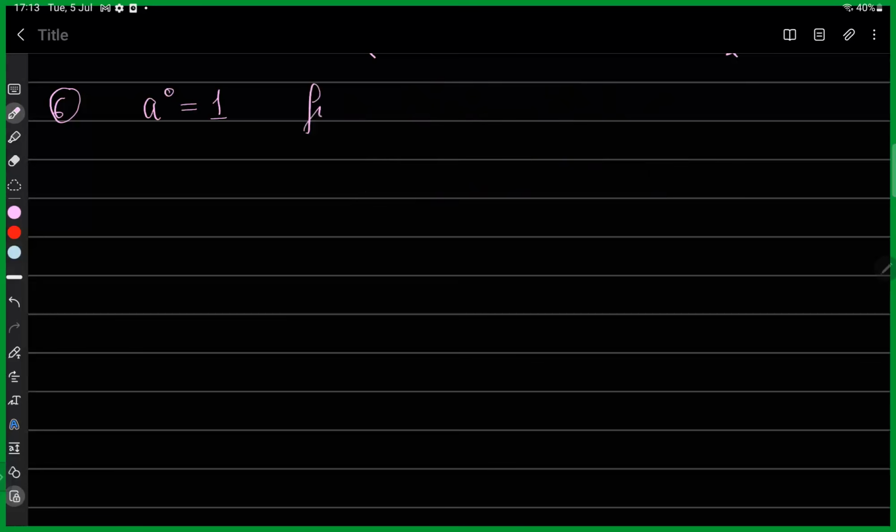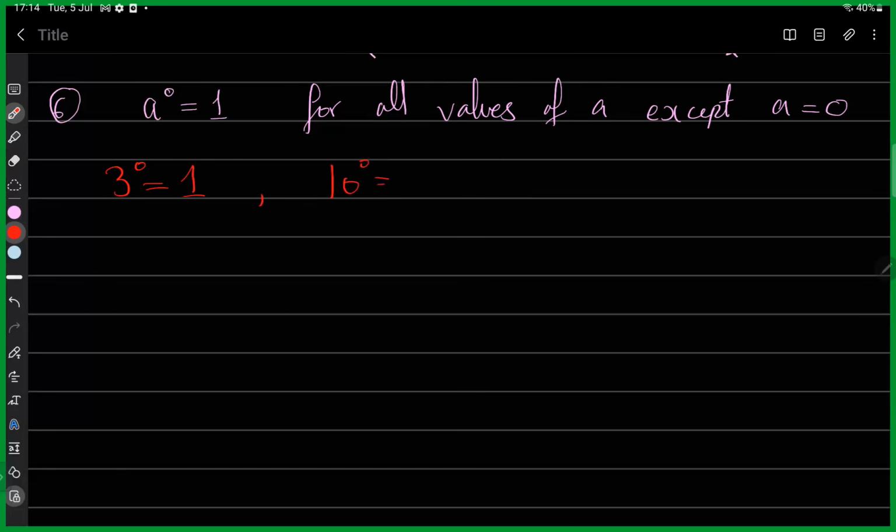For all values of A except A equals 0. Now it says A power 0 is 1 for all values of A except A equals 0. This means 3 power 0 is 1. This would mean 10 power 0 is 1.